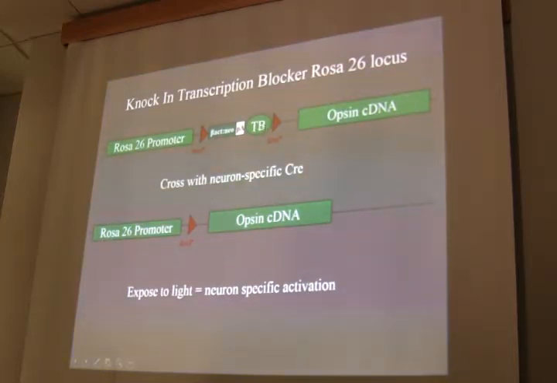So as long as this transcriptional blocker is between the opsin and the promoter, then the gene is silenced, okay? But once you remove the transcriptional blocker by crossing it with a Cre line, which would be neuronal specific or whatever tissue you want, then you have opsin cDNA produced, and this is just a genetic model rather than virus. And then again, you can expose those specific neurons to light with the laser and get the same activation.